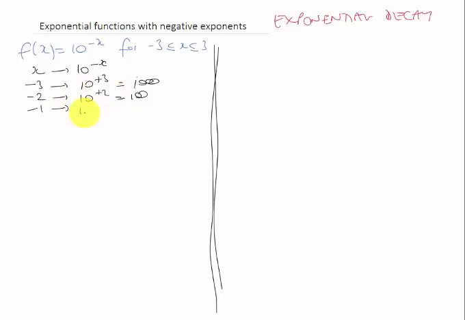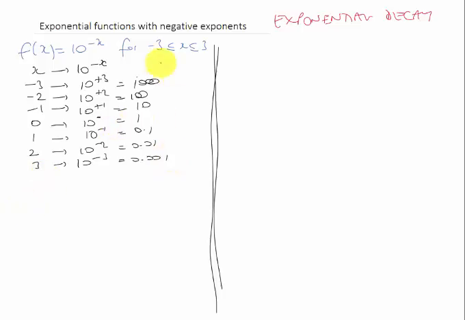Minus 1 gives 10. 0, anything to the power 0 is 1. 2 gives 10 to the power minus 2, which is 0.01, and finally 10 to the power minus 3 is 0.001.